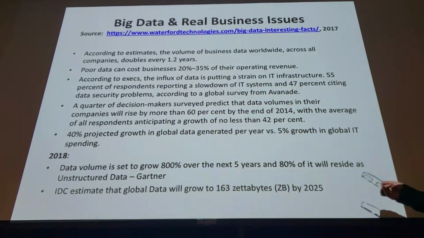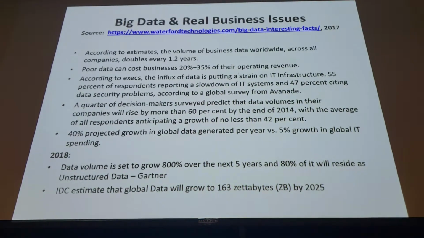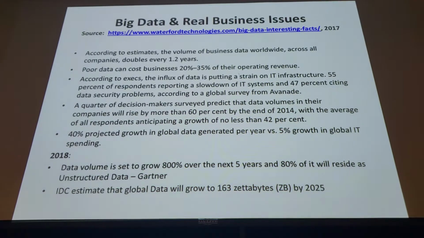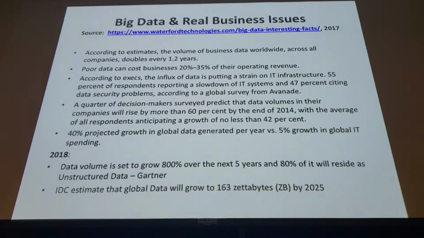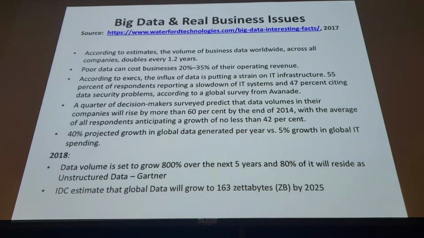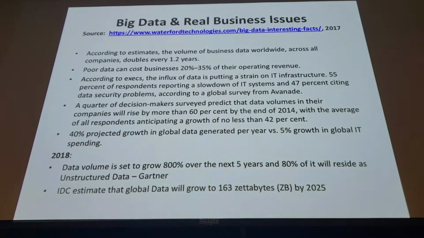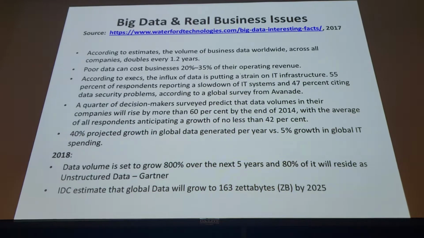Okay, so as of 2018, data volume was set to grow 800% over the next 5 years, and about 80% of that data, I said more than 50% is unstructured, not in databases, but still in some kind of data management system. 80% of it would be unstructured, according to Gartner, which is probably the best known of the analysts that are out there.